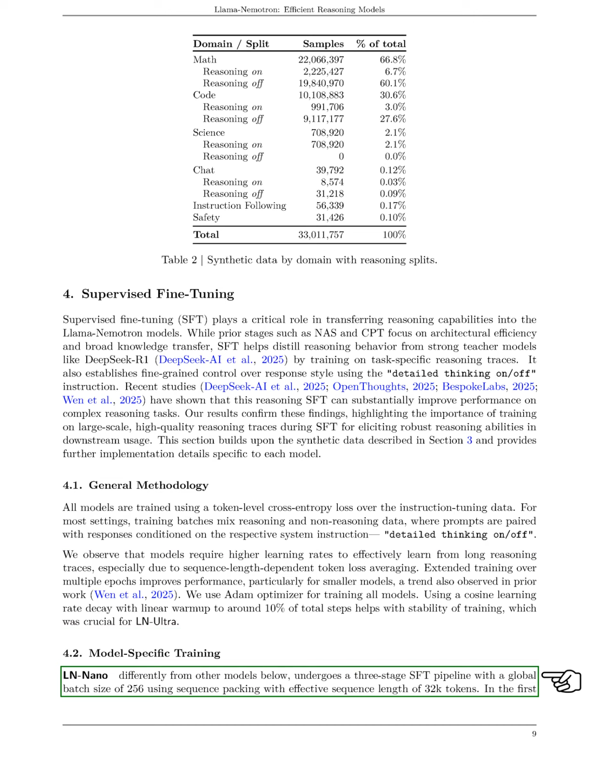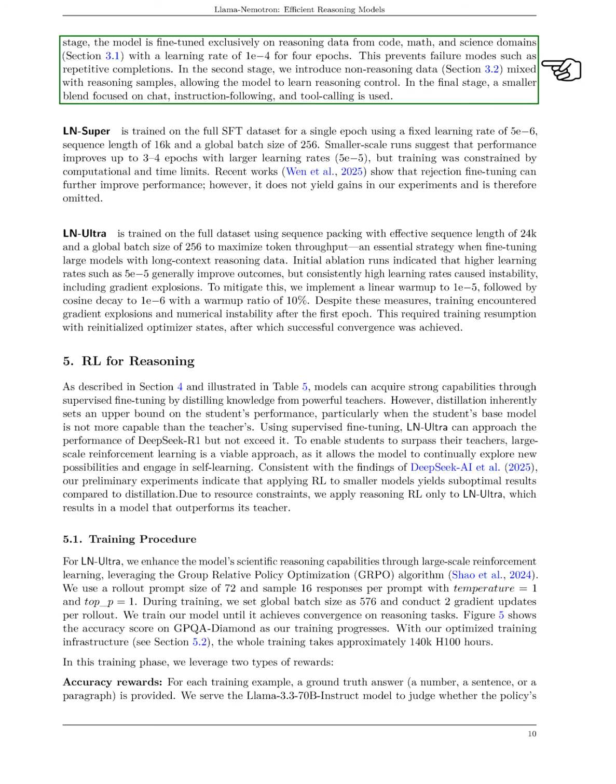For the LN Nano model, we follow a 3-stage SFT process with a global batch size of 256. The first stage focuses on reasoning data from specific domains, while the second stage mixes in non-reasoning data to help the model learn reasoning control. The final stage uses a smaller mix of data focused on chat and instruction following.